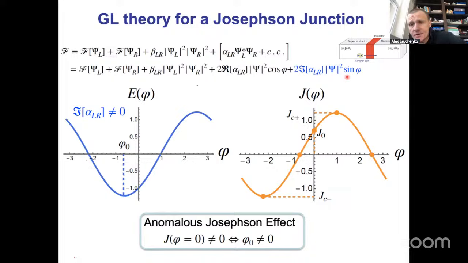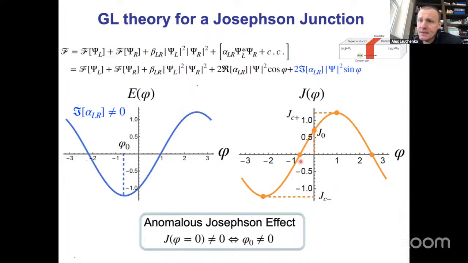So the existence of these odd terms also has a long history. And the existence of these terms leads to a shift of the current phase relationship of a Josephson junction. It remains symmetric, but the minimum occurs at a different point. And it turns out that in the context of the Josephson effect, it has a special name. It goes by the name of anomalous Josephson effect.